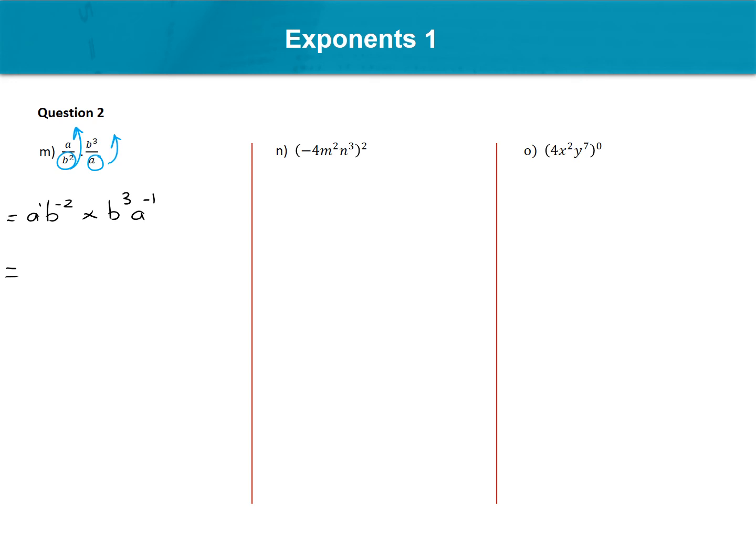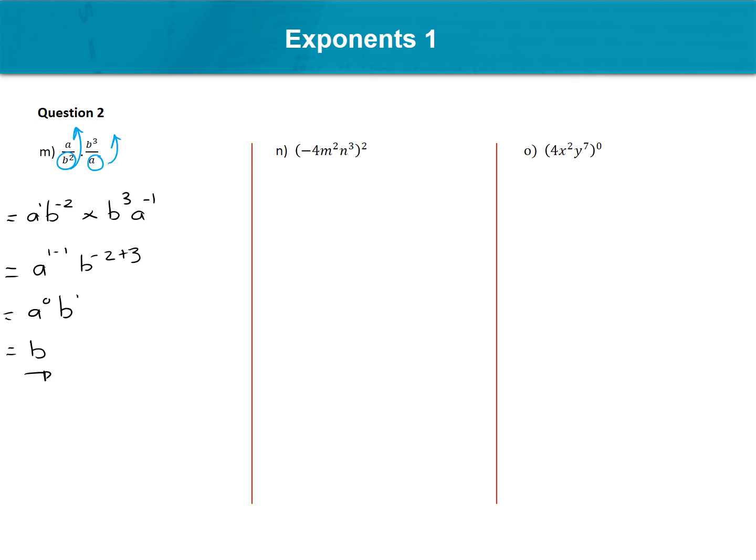When you multiply, you add the exponents. So we have a to the power of 1 minus 1, b to the power of minus 2 plus 3. So we have a to the power of 0, b to the power of 1, which is a to the power of 0 is 1, so you're left with b.